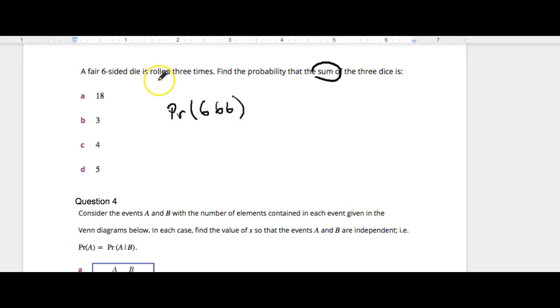You can't roll the die any other way to get a total of 18. So the probability of getting a 6 is 1 over 6, and because they're independent, it doesn't change. 6 to the power of 3 is 216, something that you should know going into methods.